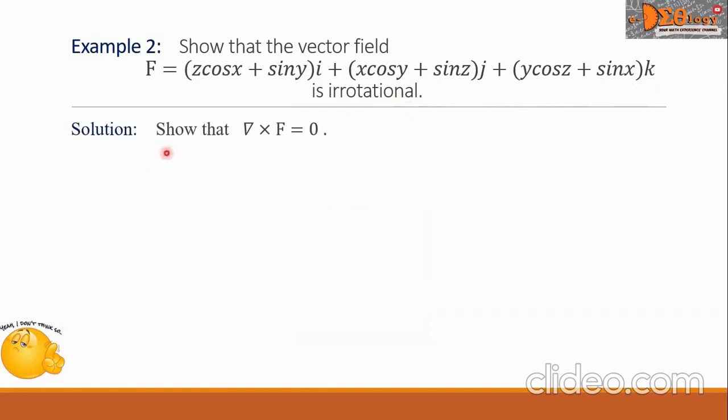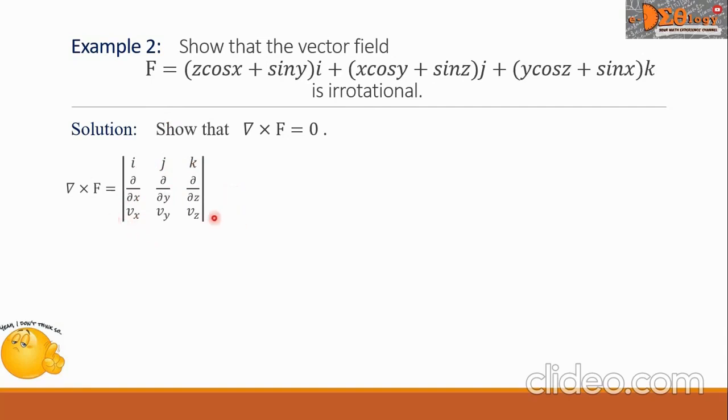For our solution, let us show that the gradient cross capital F equals 0, so that this vector is irrotational. So let us write the formula for the curl of v. And we have here now the 3 by 3 matrix. The first row are the components i, j, k. The second row, the partial derivatives with respect to the gradient.